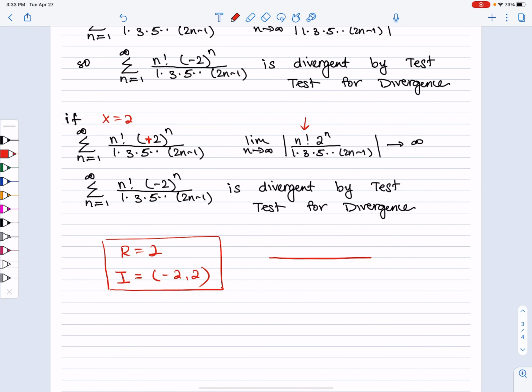So when you center your power series at 0, that power series will converge. That power series, so the sum will exist for some numbers, between -2 and 2. So that's what the interval of convergence is telling us.